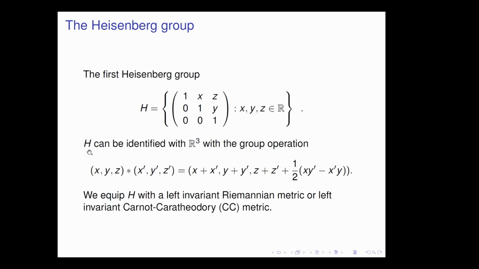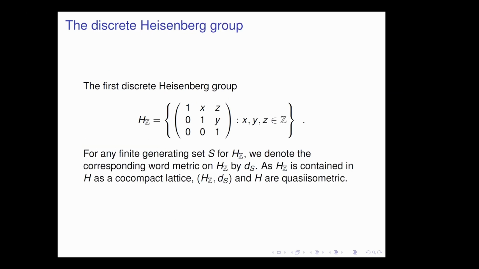In the Heisenberg group, it's a nilpotent group, and it's natural to consider left invariant metrics. So here we consider either a left invariant Riemannian metric or a left invariant Carnot-Carathéodory metric. There's also the discrete version of the Heisenberg group, where the coordinates x, y, z are integers.